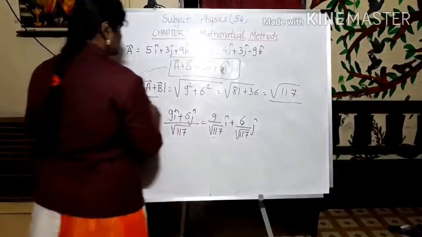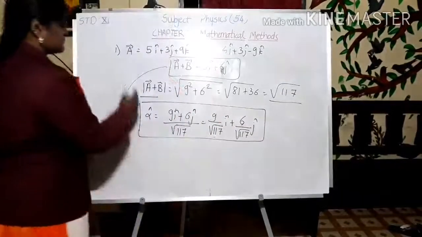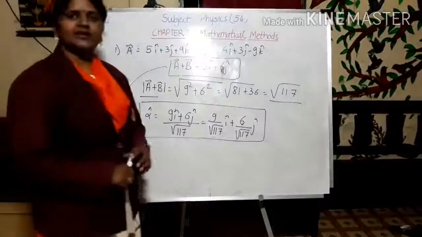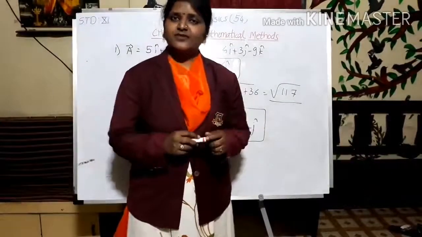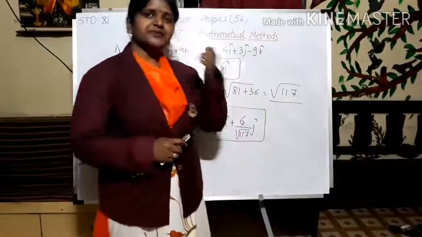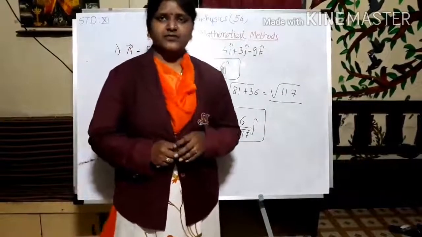So I got the unit vector of the same. In this way we can find the addition of two vectors, the unit vector of the given vector, and then the magnitude of the given vector.